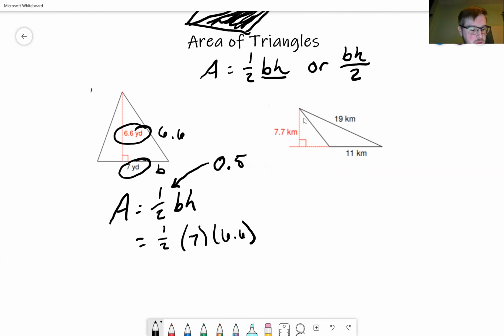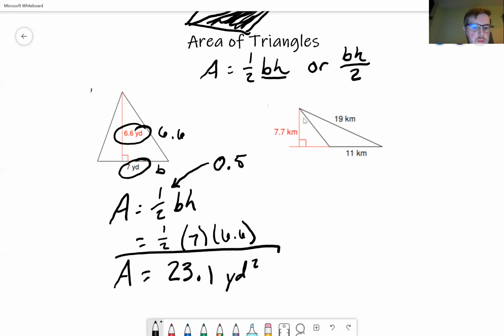I'm sure Miss Beck is fine with that too because they're equivalent. So feel free to use 0.5 instead of the fraction 1/2. Just know they're interchangeable. All right, so we could do 0.5 or 1/2, whichever you're using, times 7 times 6.6. And that gives you an area of 23.1 square yards. All right, and that would be our final answer there for that one.